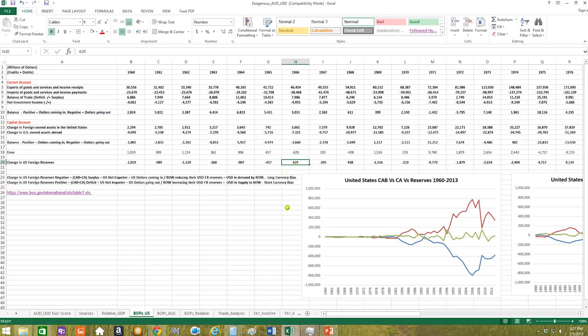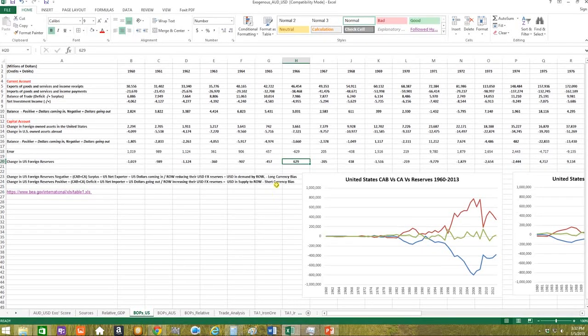And in proportion, the US's own foreign reserves, because the US has now lost 629 billion US dollars in value, the US foreign reserves go up in value by the same dollar proportion. So the balancing item is the inverse of the change in foreign reserves for the rest of the world.